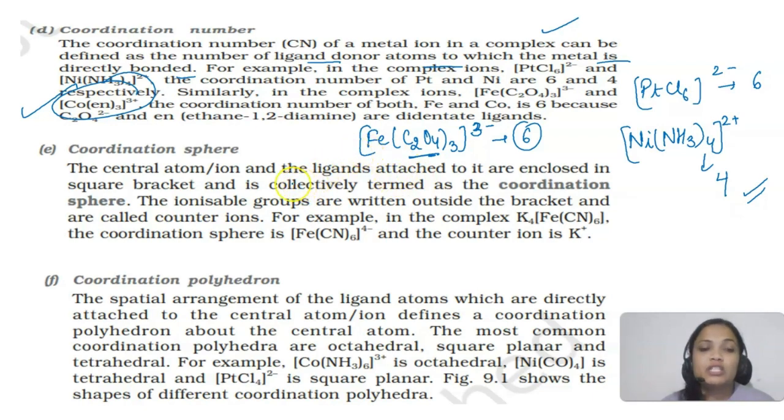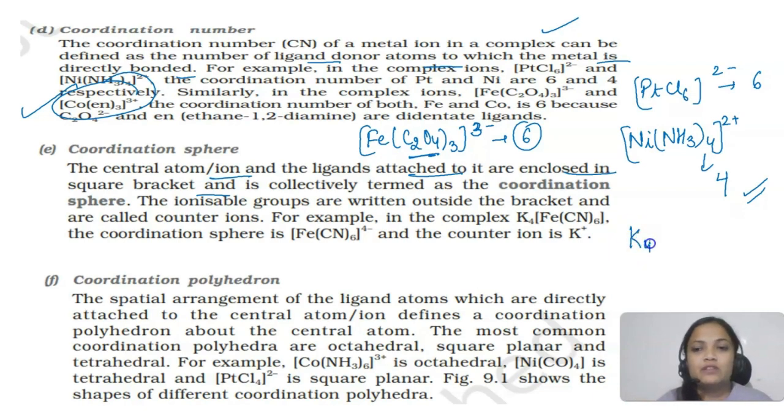Next is coordination sphere. The central atom or ion and the ligands which are attached to it are written in the square bracket. So this square bracket is called the coordination sphere, okay. And whatever ionizable groups are there, they will be counter ions and they will be written outside the coordination sphere.